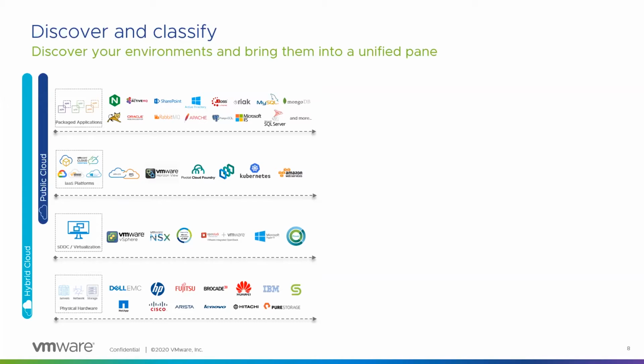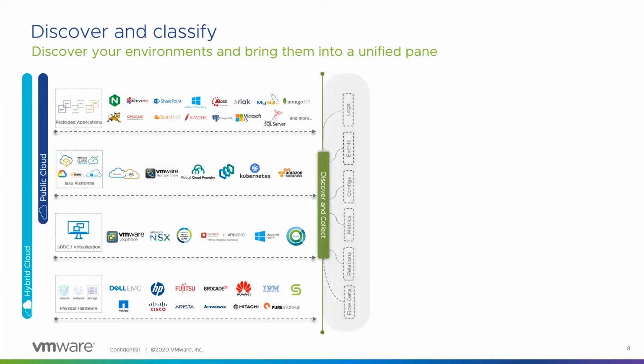And then on top of that, the IaaS platforms, whether it's Kubernetes, Pivotal Cloud Foundry, VMware Cloud on AWS, or other cloud providers such as AWS, Azure, Google, and so on. All the data can be ingested from the IaaS platforms. And finally, the packaged applications can also suck in data and get it inside the platform.